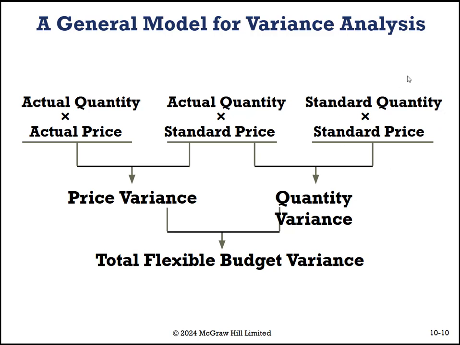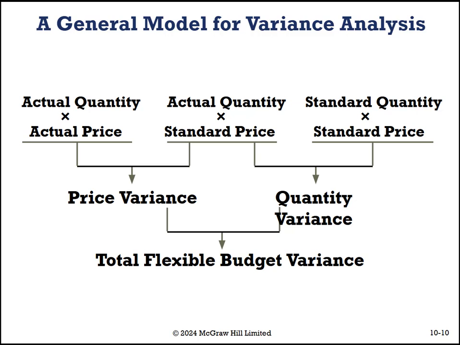This is what we guessed would have happened, the standard quantity times standard price. And then in the middle, if we knew the actual quantity that we were going to incur, what's our standard price? That helps us figure out, was it the purchasing manager paying too much? Was it the production manager using too much, or vice versa?